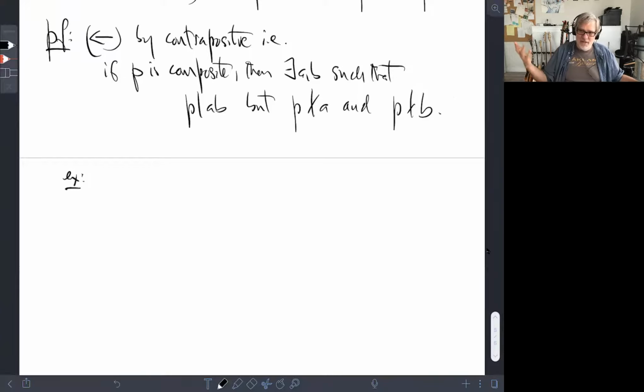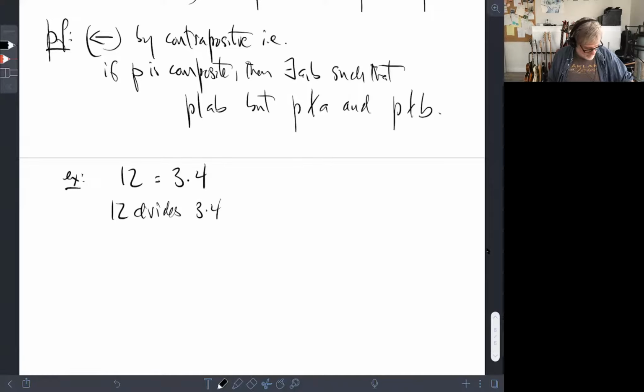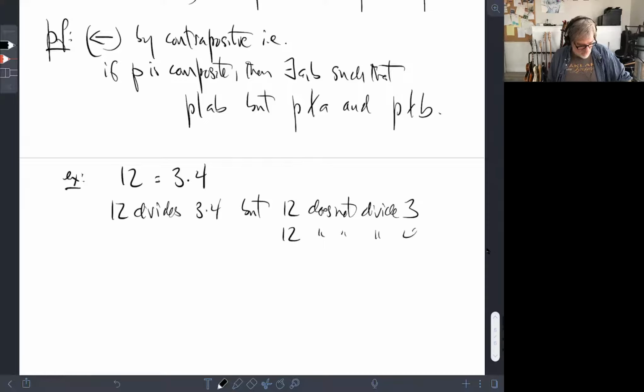Let me just write this. 12 equals 3 times 4. So 12 divides 3 times 4, but 12 does not divide, obviously, 3, and 12 does not divide 4, of course.